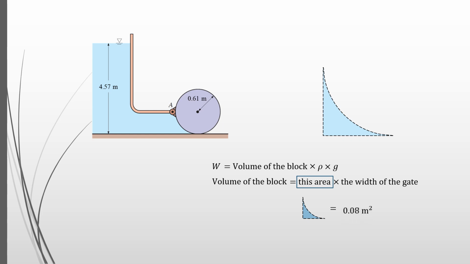After putting the known values, we obtain 0.08 meter squared. The width of the gate is 1 meter.